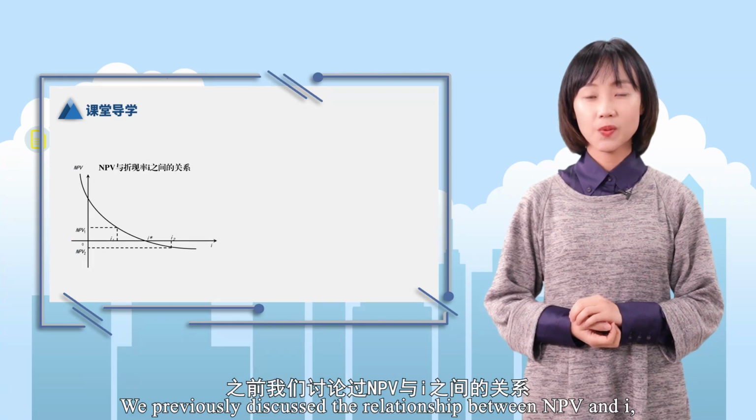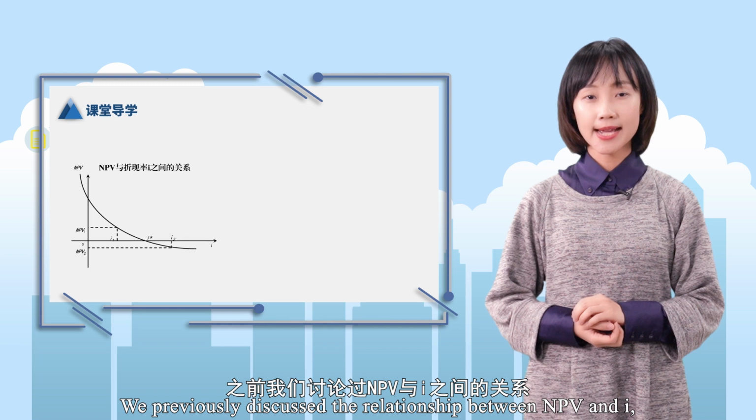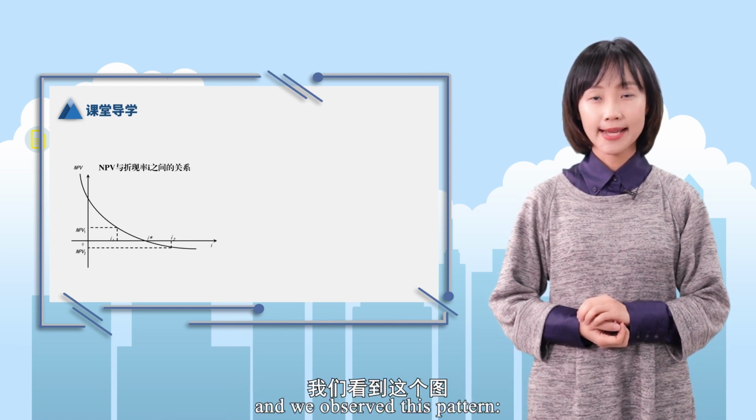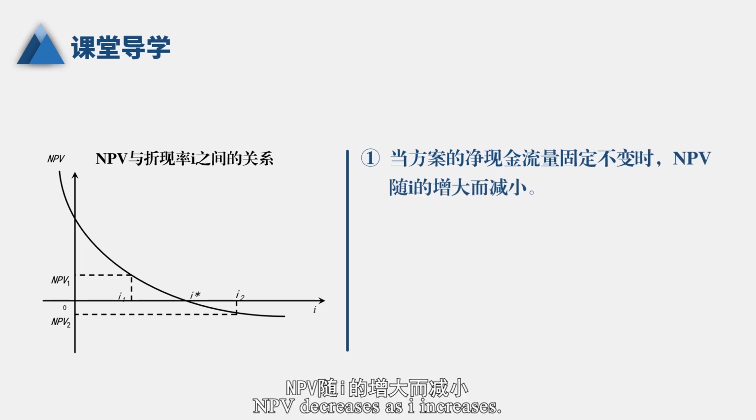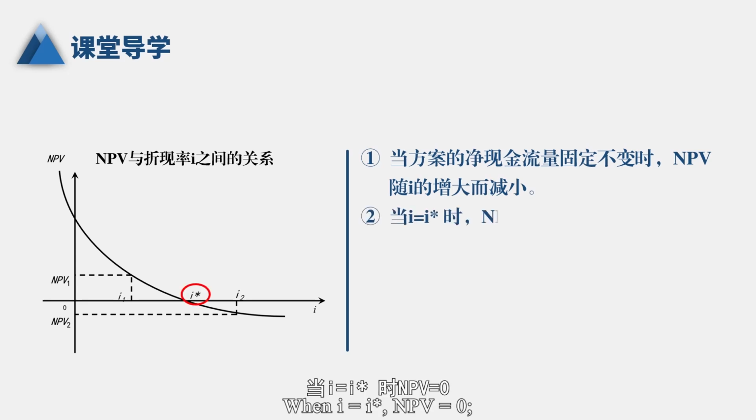We previously discussed the relationship between NPV and i, and we observed this pattern. When the net cash flow of a scheme remains constant, NPV decreases as i increases. When i equals i asterisk, NPV equals 0. When i is greater than i asterisk, NPV is less than 0.